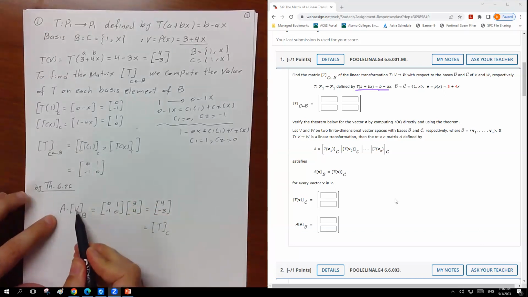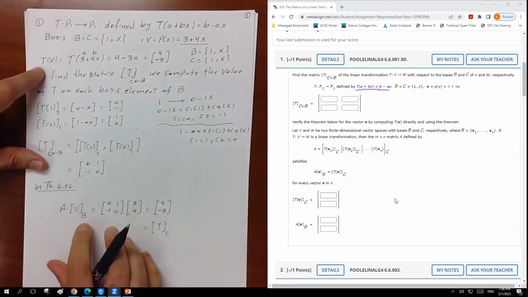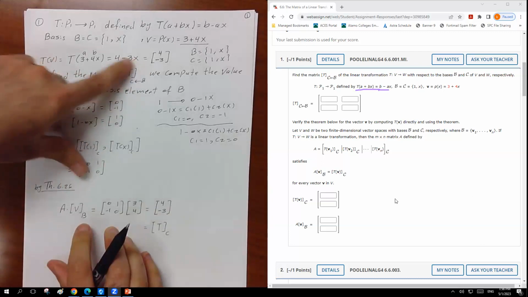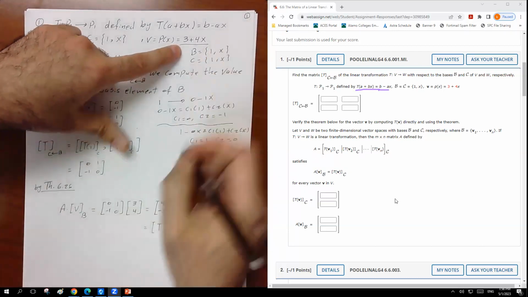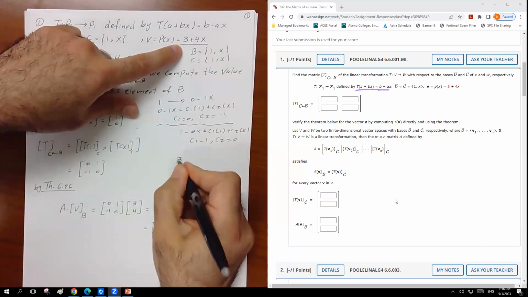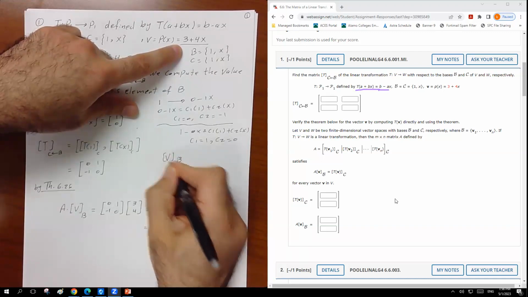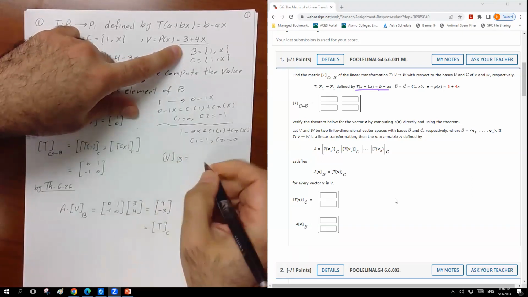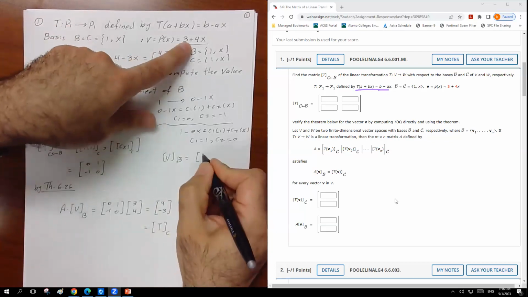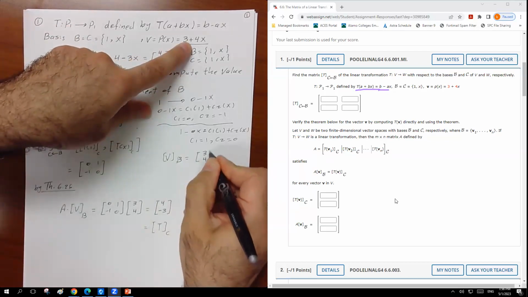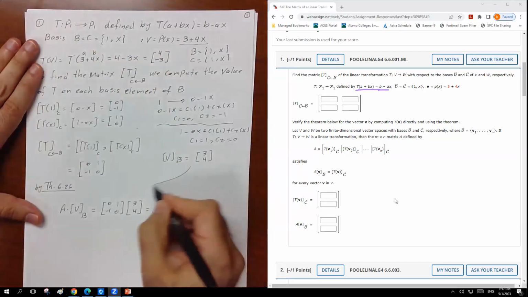A times the vector v with respect to the base B. The vector v with respect to the base B is, here a is 3 and b is 4, so here is the vector (3, 4).